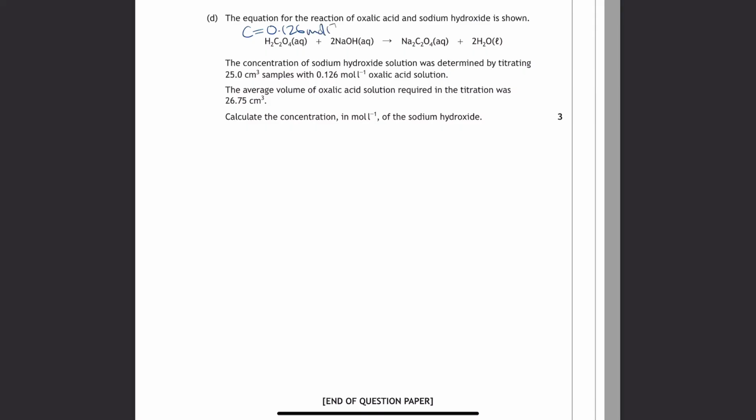Then it says the average volume of oxalic acid required was 26.75. So again, I'll write that volume next to the oxalic acid. And then it wants the concentration of sodium hydroxide to be calculated. So C equals question mark above the sodium hydroxide, and then that's our sample volume, so that would be 25.